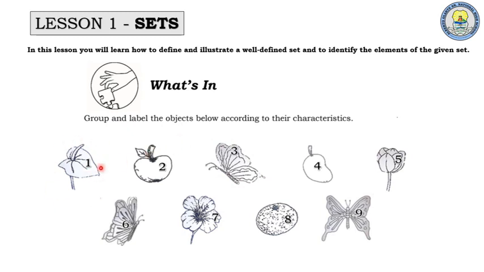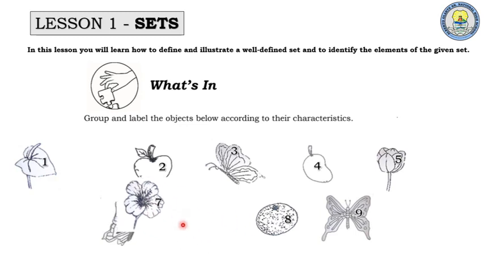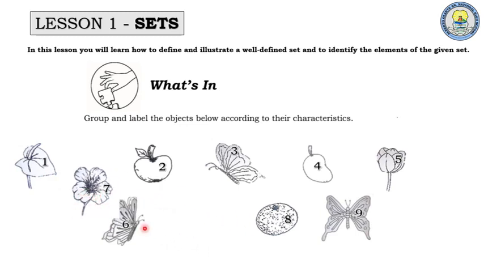First we will group this kind of characteristic, a flower. And then another, this one. This is also a flower. And another one, yes, here it is. Any other flower? Okay, let's proceed to another group.